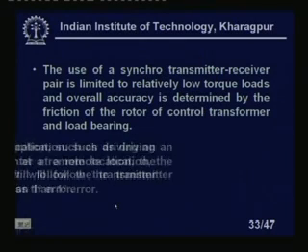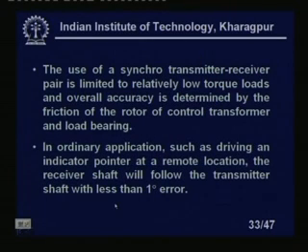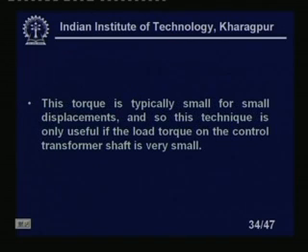In ordinary applications such as driving an indicator pointer, or a wall clock pointer, at a remote location, the receiver shaft will follow the transmitter shaft with less than 1 degree. This is highly accurate, you can see 1 degree is nothing, right.